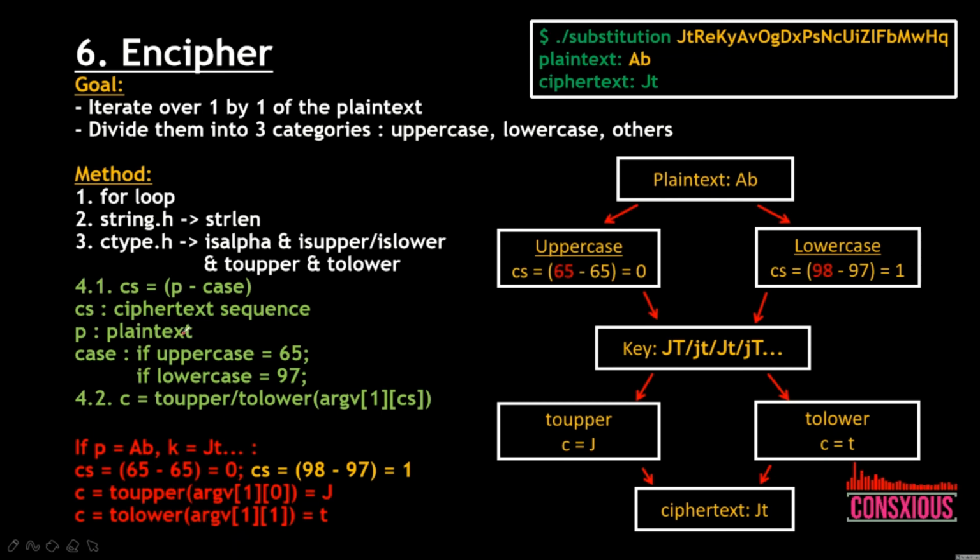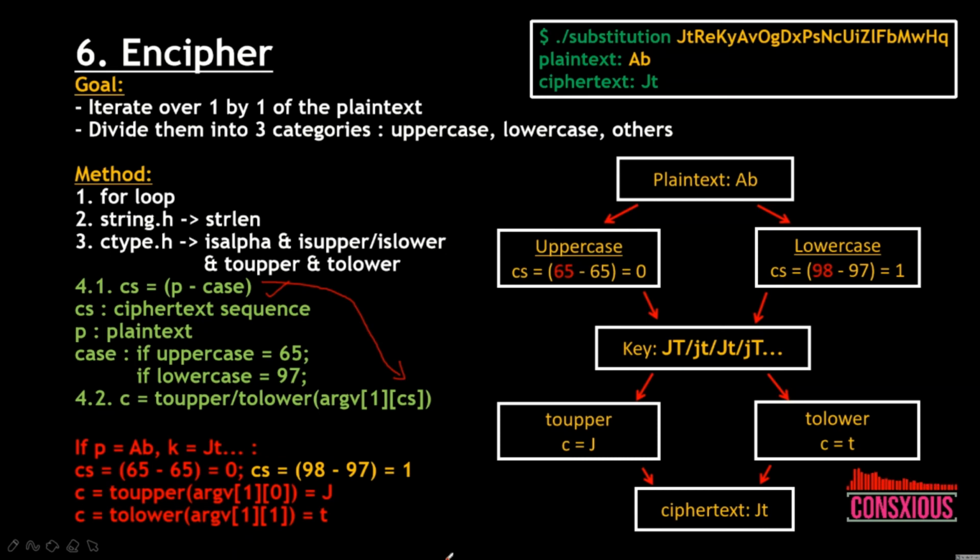P is the plaintext minus the case offset, depending on which case it is: uppercase is 65, lowercase is 97. After we get this sequence, we plug it into this: C equals toupper or tolower of argv[1][CS]. This value plugs into here.